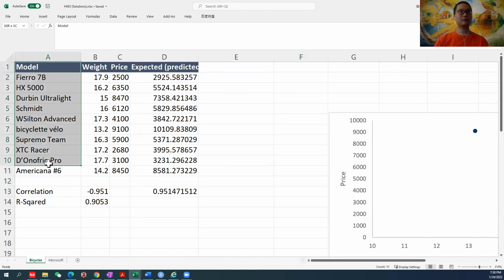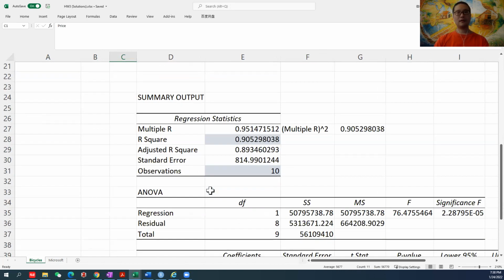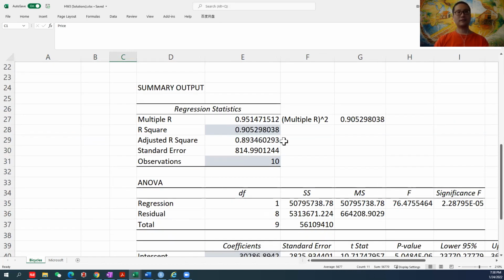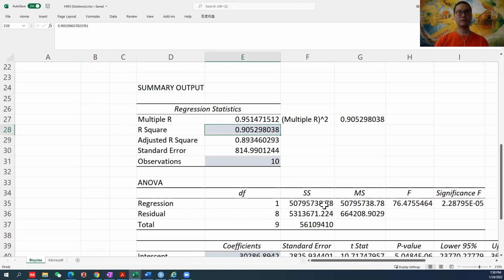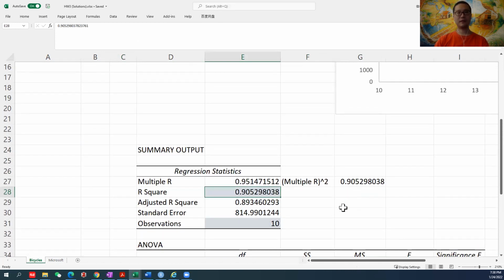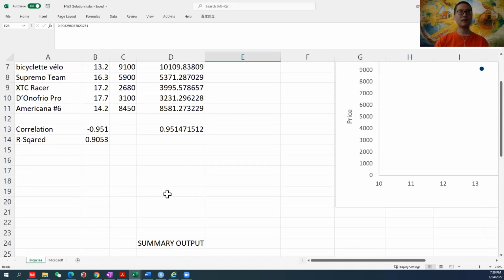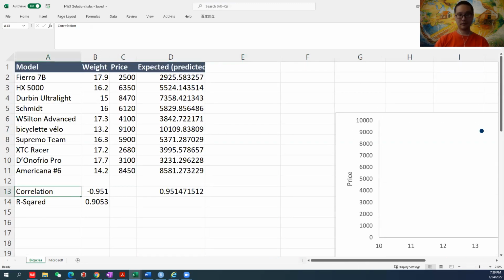We had the models and weight as independent variable, price as dependent variable. So after running the linear regression, we know that there's an R square reported, which Yuichi referred to as the coefficient of determination. And we also have a correlation, which is part of the question in part B.